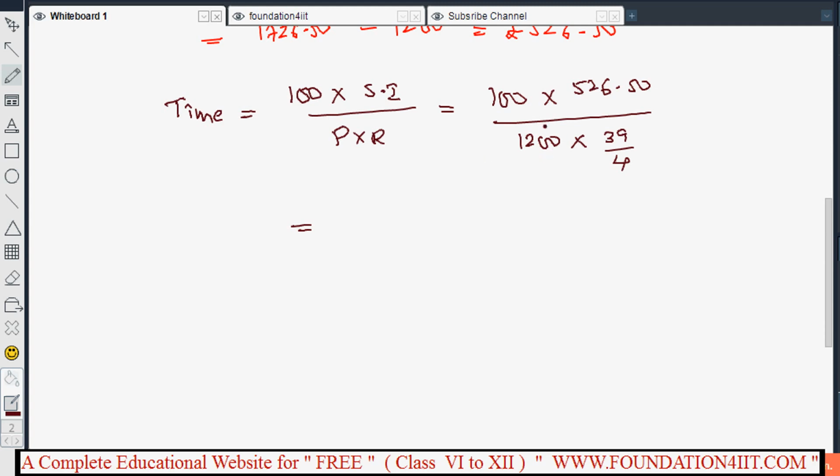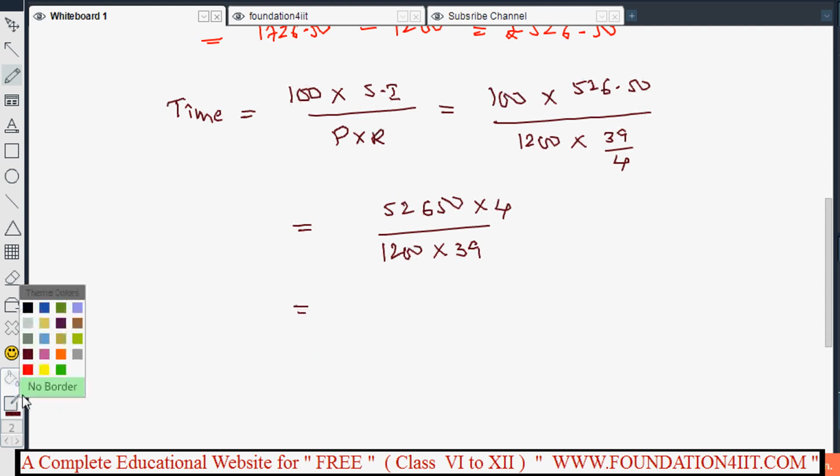By solving it directly, 100 into 526.50 is 52650 by 1200 into 39/4. That by 4, I can write 4 in the numerator because of the reciprocal. Now just simplify this. Again 4 table, 30. Okay, 5 table you can cancel.